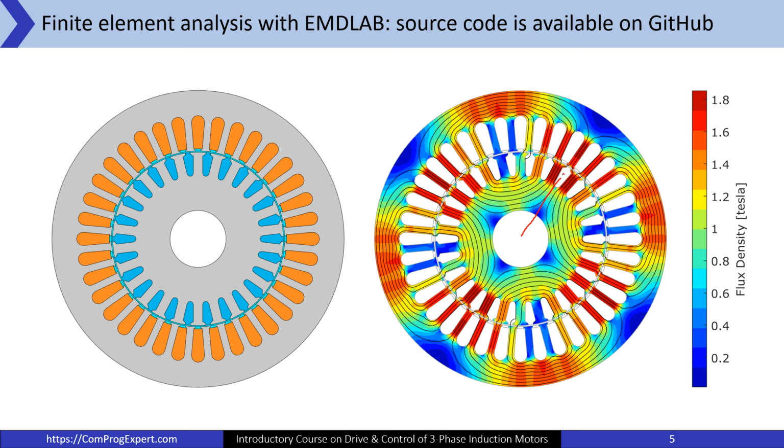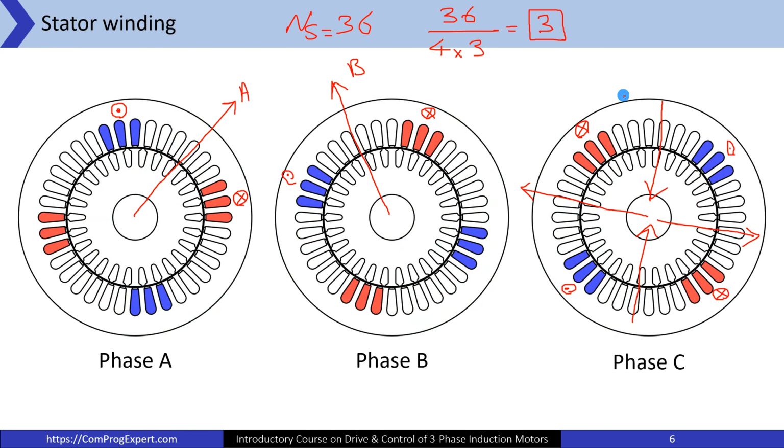Here we have the magnetic axis of the phase A. We discussed these concepts in the induction motor design course. So this is the magnetic axis of the phase C, and when we excite the 3 phases of the stator winding using balanced 3-phase currents, we have a rotating field.